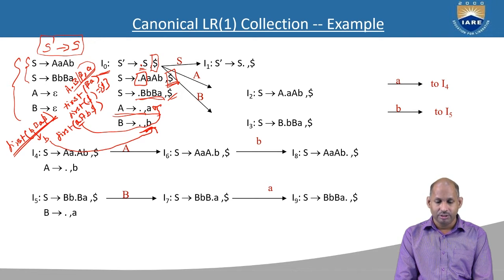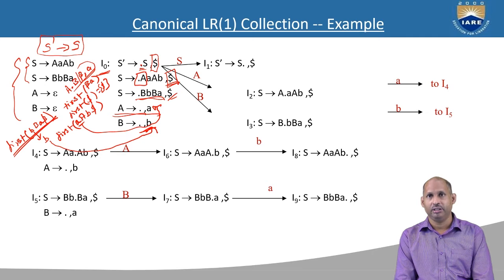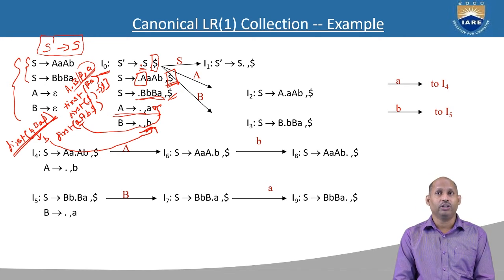Right? Is it clear? So now there are no more new productions to be added. So the closure of I naught is completed. Now this closure I naught will have goto operations on the symbols capital S, capital A, capital B, because the dot is followed by these symbols.